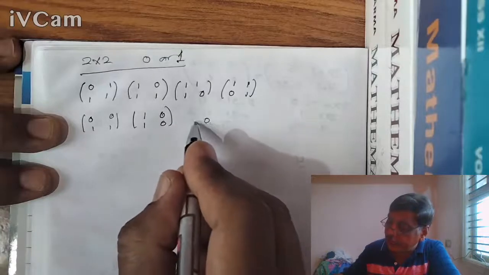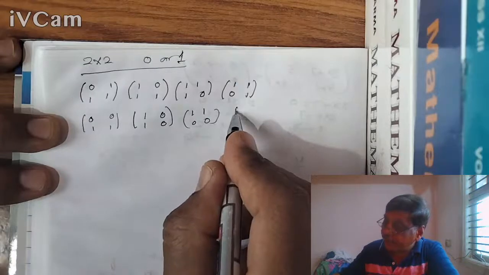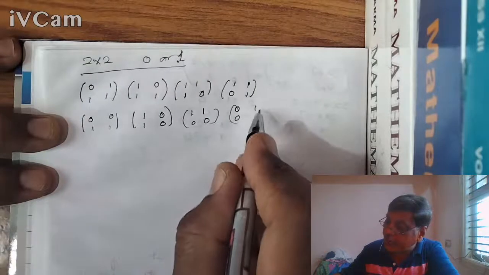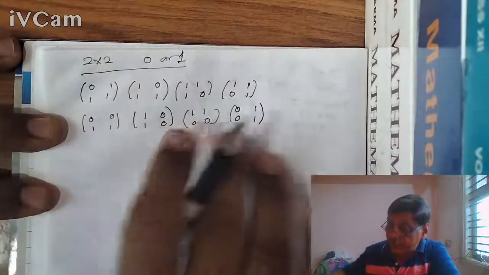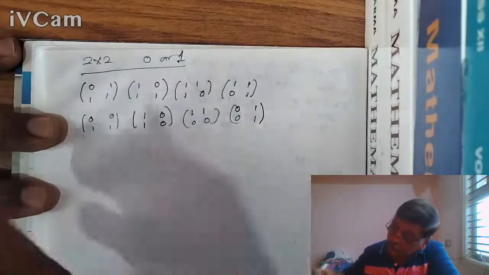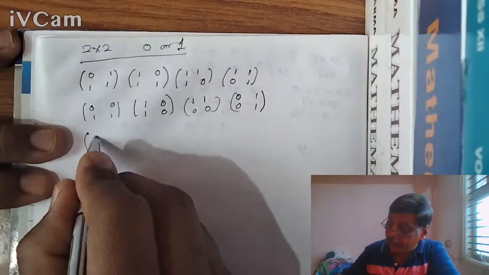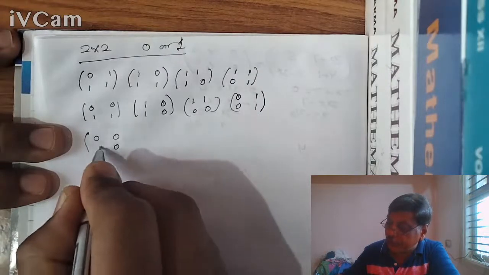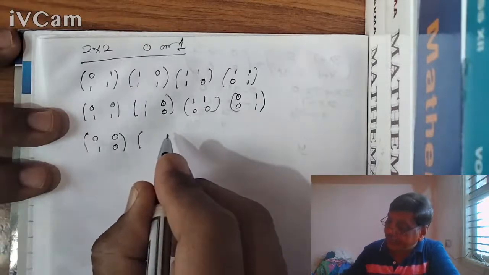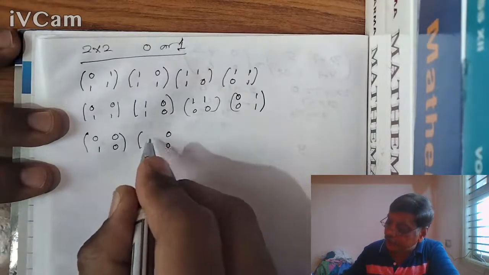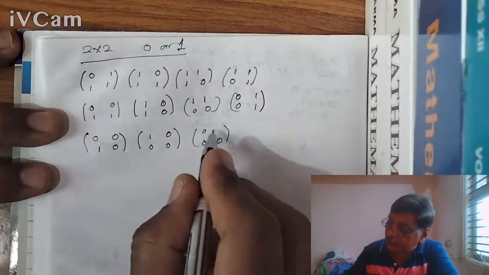These are the 2 cross 2 matrices with entries 0 or 1. Next I take 3 zeros, with 1 in each of the four positions in turn: 0 0 0 1, and so on.